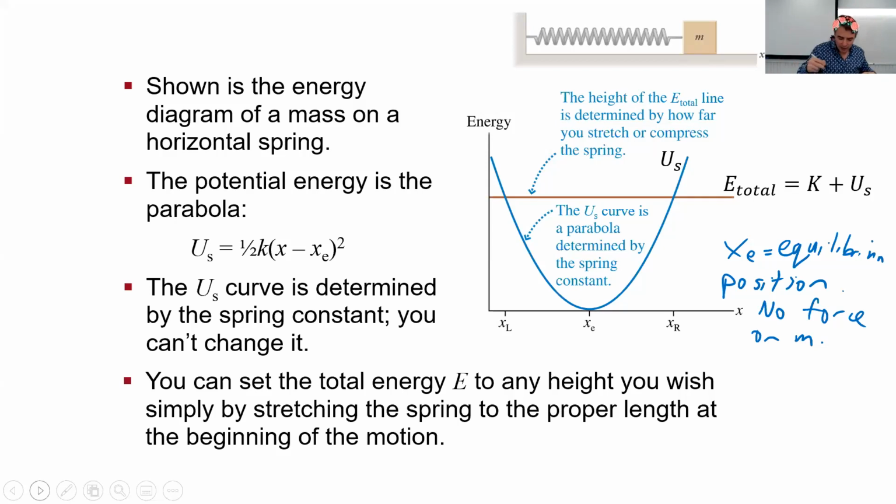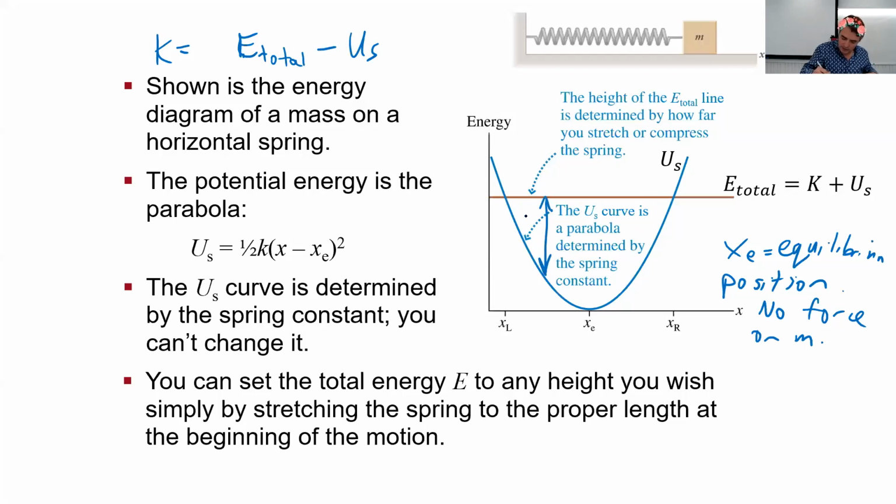Since E total is kinetic plus U sub s, then the kinetic is equal to E total minus U sub s. So it's this difference right here.